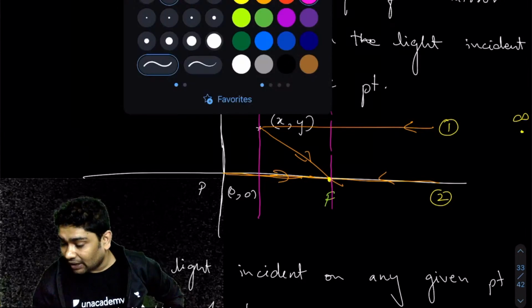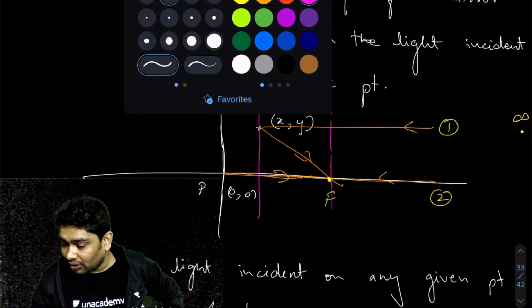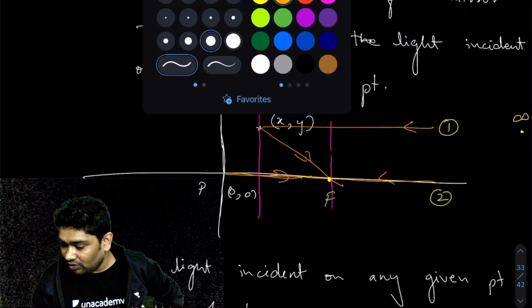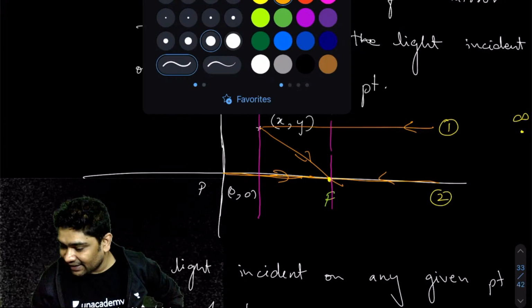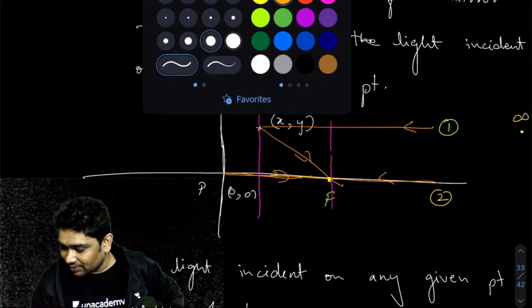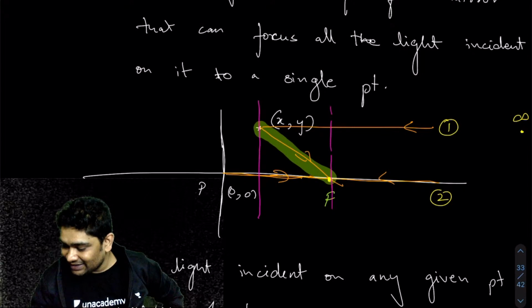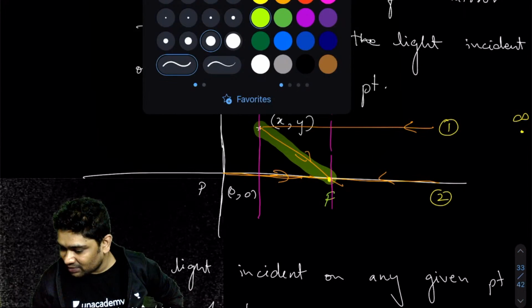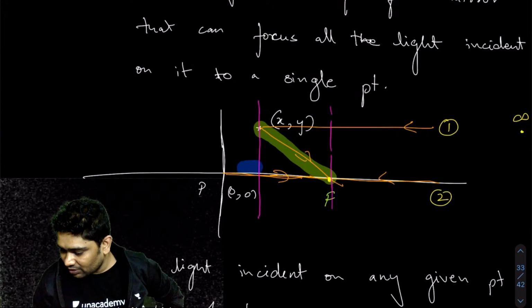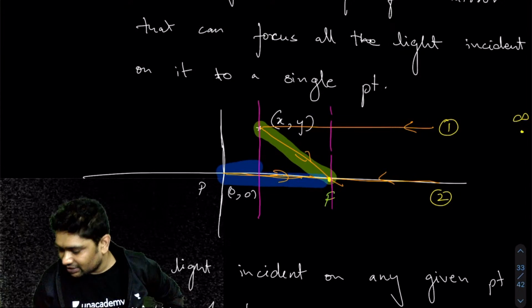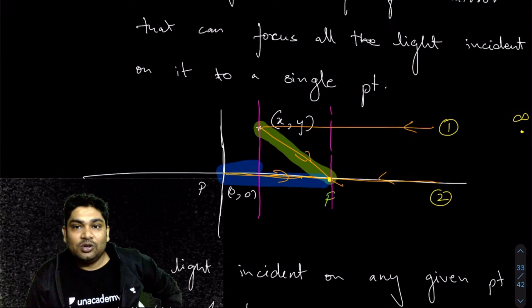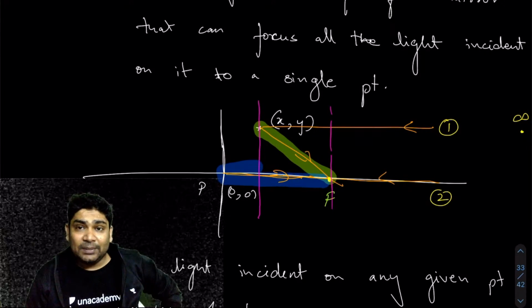Now the extra path that both are covering from here on. So from here on, what is the path covered by this ray? Let's give them some colors. So this ray is covering this path, and this second ray is going to cover this path. It is going like this and then coming like this. Agreed. So up to the reflection, both the paths were equal.